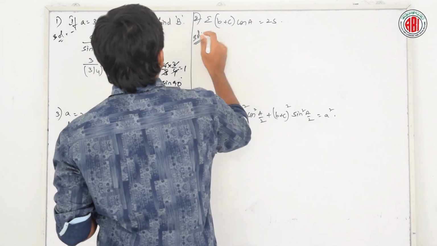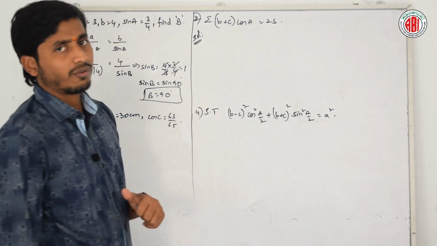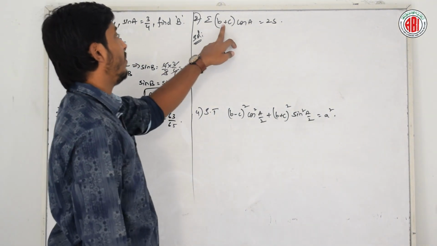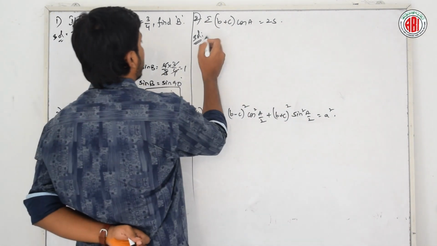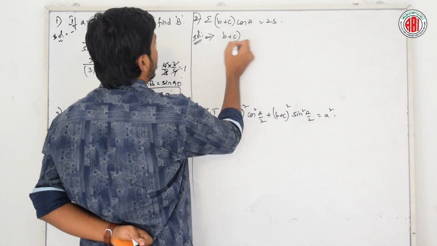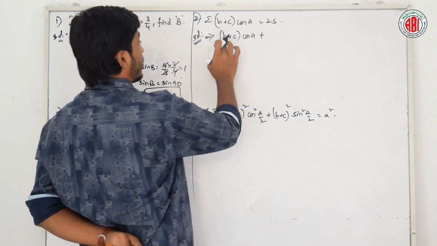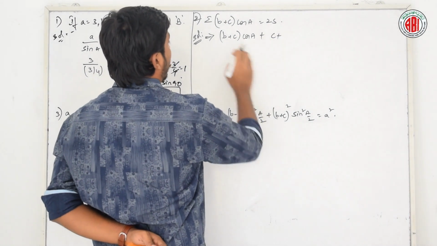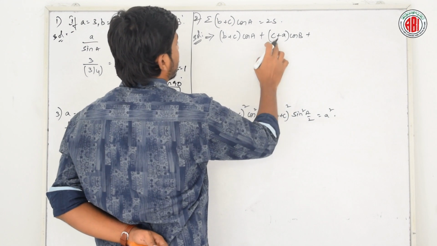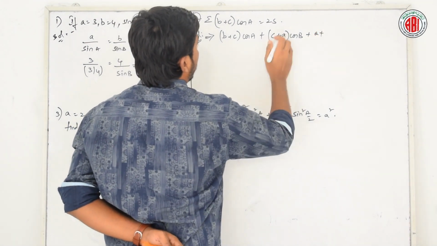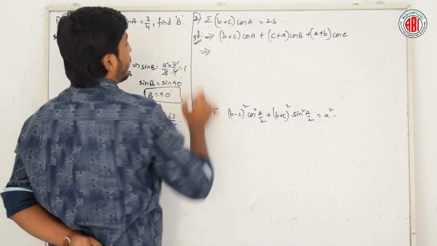What is the question given here? Summation (B plus C) cos A is equal to 2s. How to do? Before doing that, let us write the summation terms first. That is (B plus C) cos A. What will be the next term? After C, A: (C plus A) cos B, plus after A, B: (A plus B) cos C. Is it right?